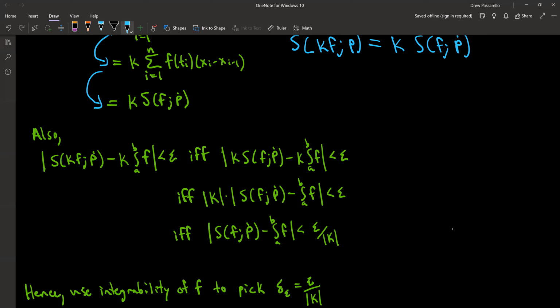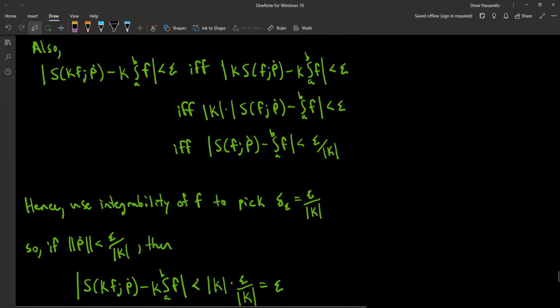So that's if and only if the absolute value of k times the absolute value of the difference of the Riemann sum of f minus the integral of a to b of f is less than epsilon. Well, that's true if and only if we have this to be less than epsilon over the absolute value of k. So basically, we're going to use the integrability of f to pick our delta to be epsilon over the absolute value of k.